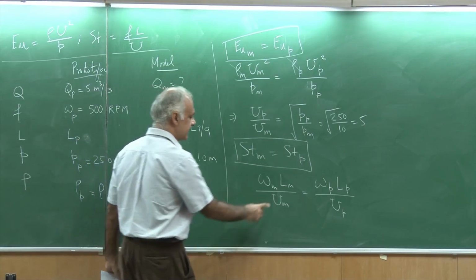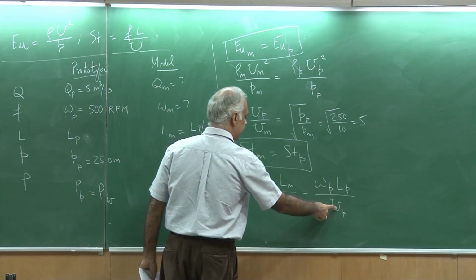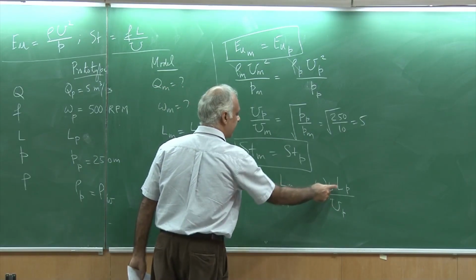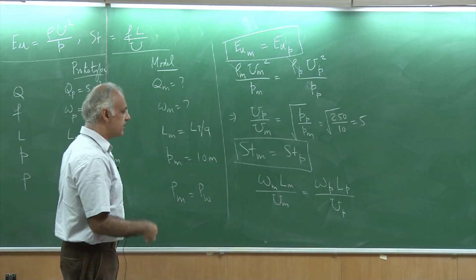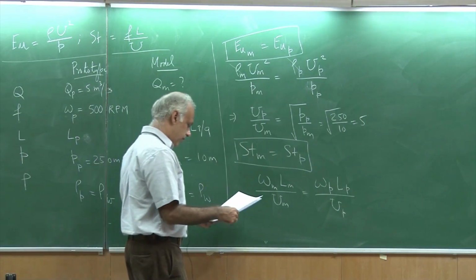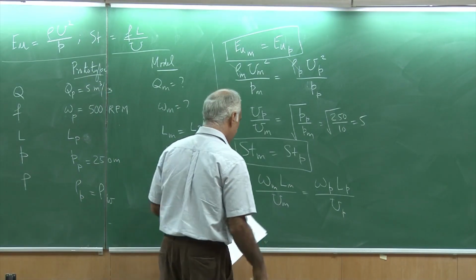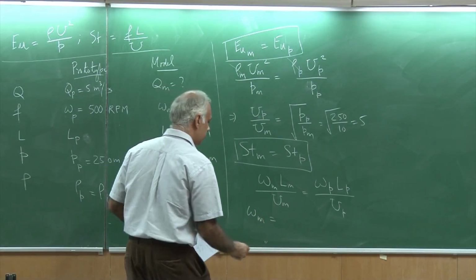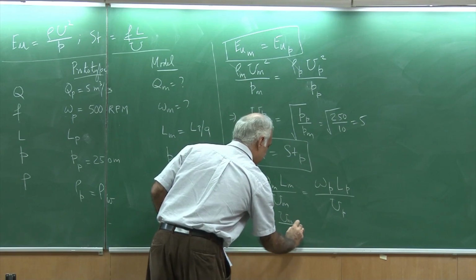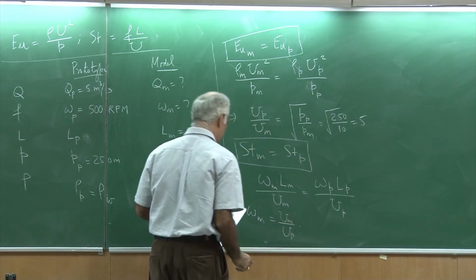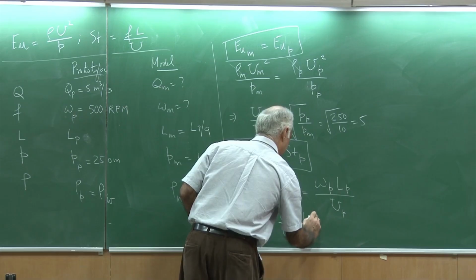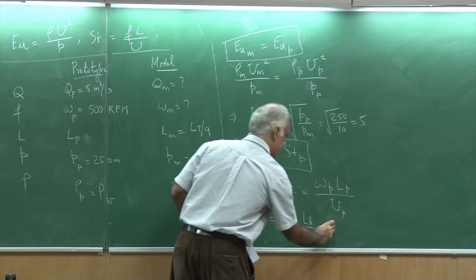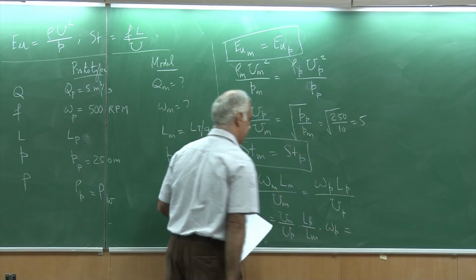I already know the scaling between um and up. I already know the scaling between the length scales. So, from this I can infer what is the scaling for the model, and that would turn out to be um by up times Lp by Lm times omega p.